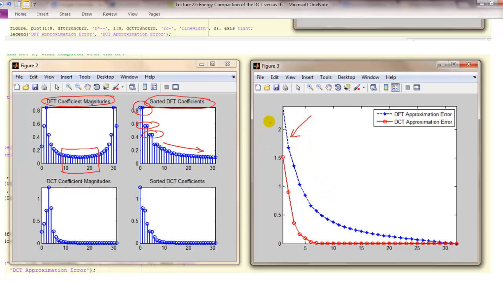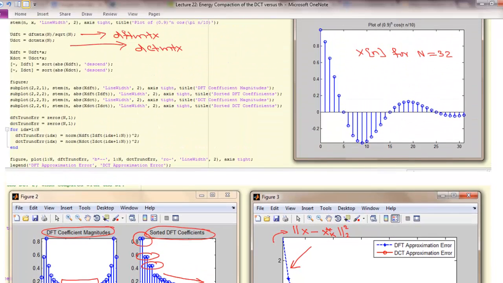which is the mean squared error as I had defined earlier, x minus xk star, the 2 norm squared. So this is just measuring, if I throw away all my coefficients and keep only the k largest ones, and I construct a signal from that, what is the error of that signal to my original signal, which I showed you above, this one.